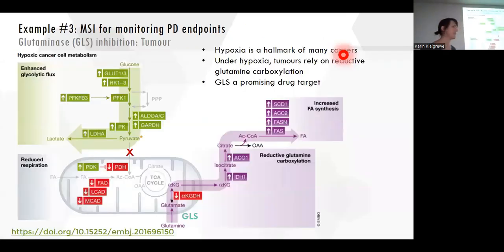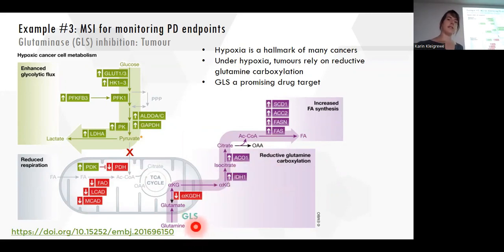And the side example is around GLS inhibition. Generally in tumors, because many tumors are quite hypoxic, this conversion here from lactate into the TCA cycle gets regulated down, so this doesn't really happen anymore, and tumors instead use this reductive glutamine carboxylation pathway shown here on the right.